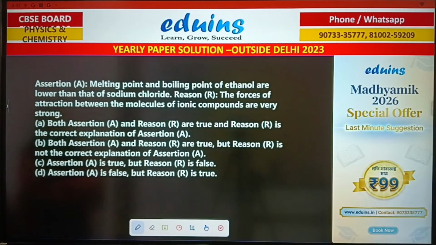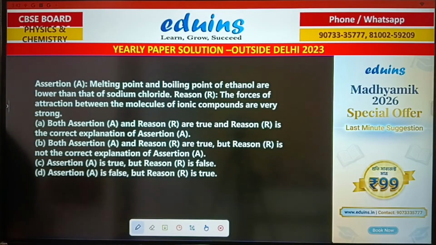Option B is both are true, but the reason is not the correct explanation. Option C is assertion true but reason false, and option D is assertion false but reason true. So what will be the correct answer? Shomesh, focus, Soumya.